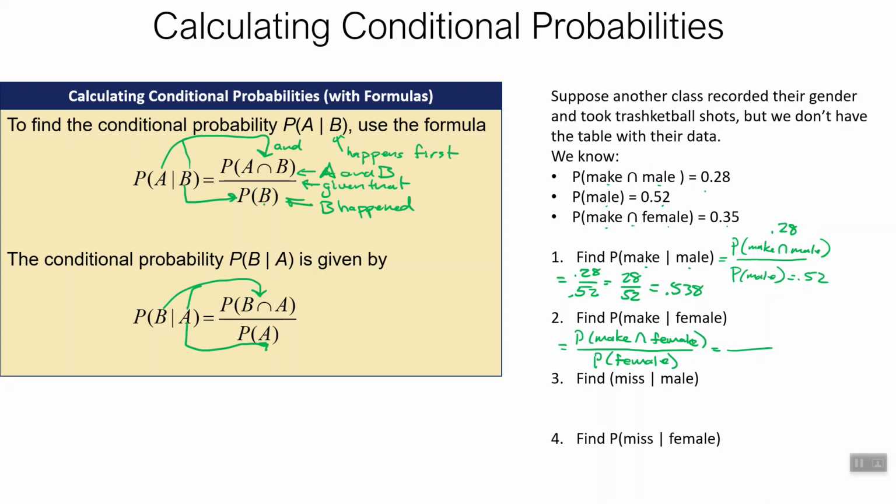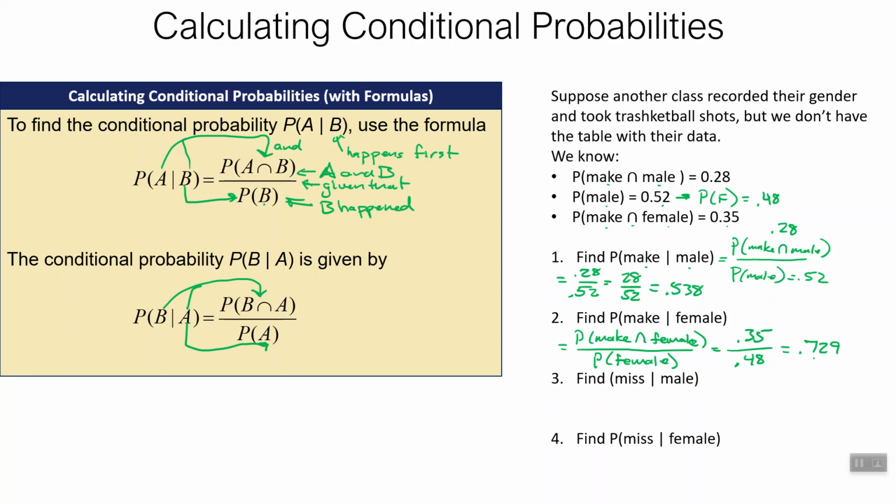But we do have the probability of male, which tells us that the probability of female would be 1 minus that, which is 0.48. There's complement probabilities kicking in. So 0.48, and the probability of make and female is 0.35. If we divide those, 35 divided by 48, we get 0.729. Wow.